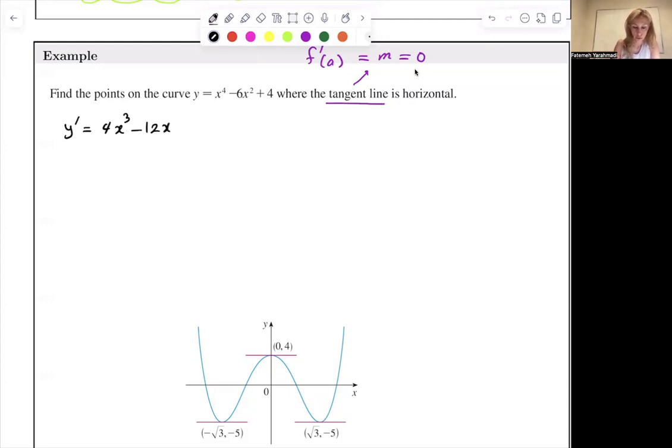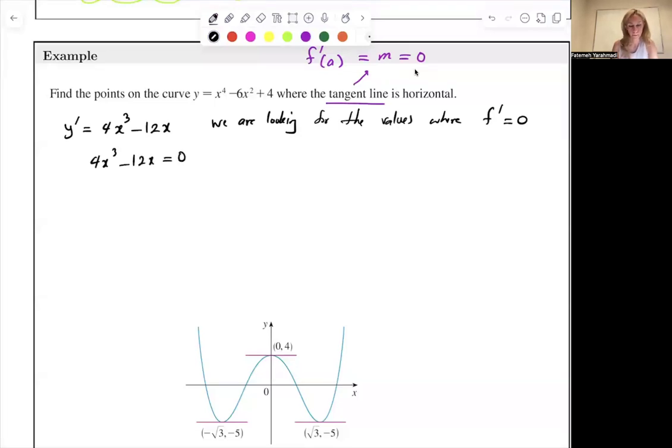And we are looking for the values where f prime becomes 0. Okay, I need to take 4x cubed minus 12x and set it equal to 0. By factoring, this can be written as 4 times x squared minus 3 equal to 0.